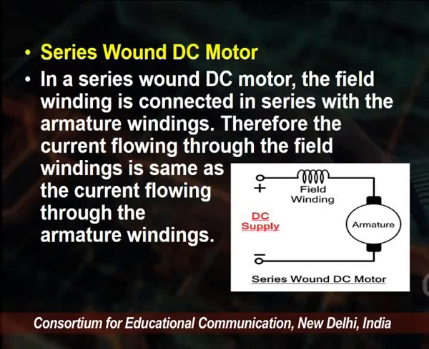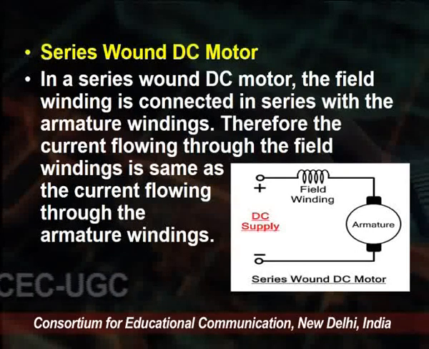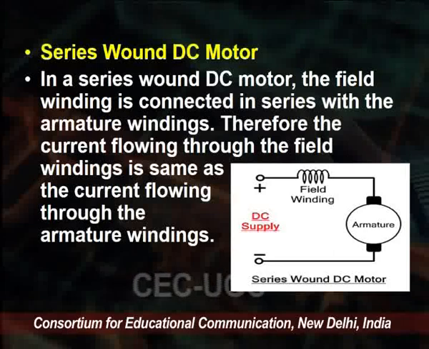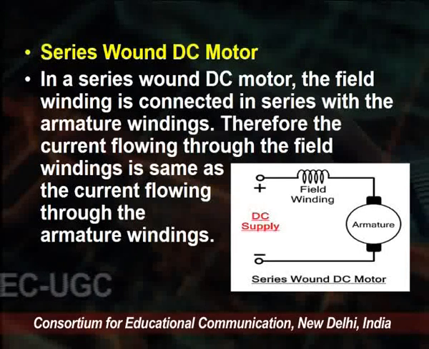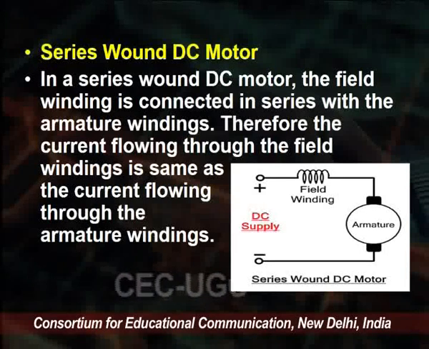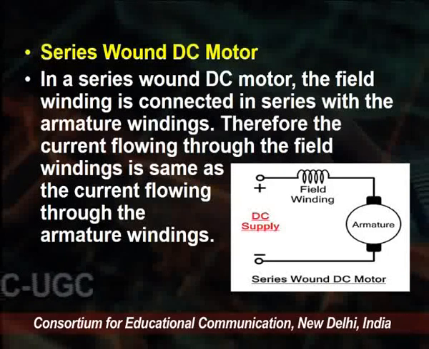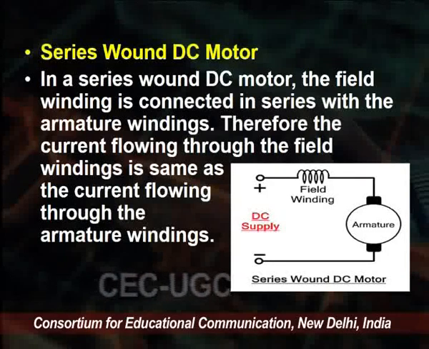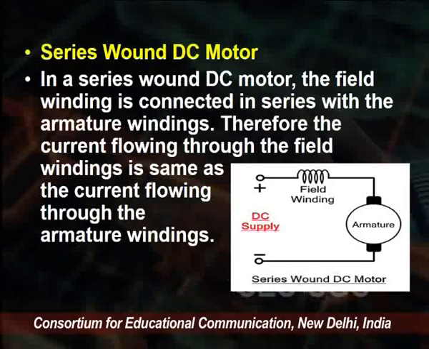Now in the series wound DC motor, the field winding is connected in series with the armature winding. You see on the screen here the DC supply, the field winding, and the armature, and the field winding is connected in series. Therefore the current flowing through the field winding is the same as the current flowing through the armature winding.